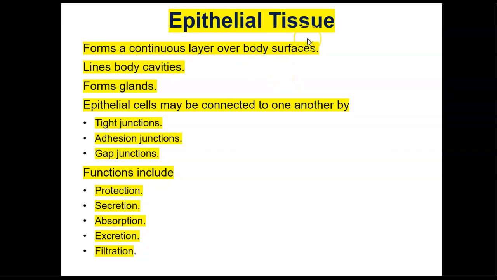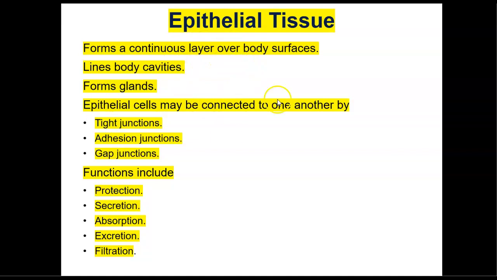So the outside layer of the skin, called the epidermis, that is epithelial tissue. The outside layer and inside layer of the heart, for example, are lined with epithelial tissue. So are linings of body cavities, and the lining of the blood vessels and the intestines.